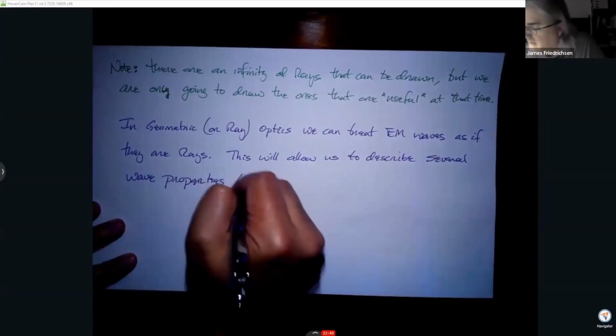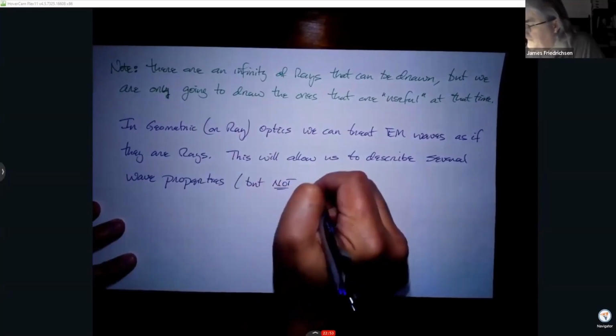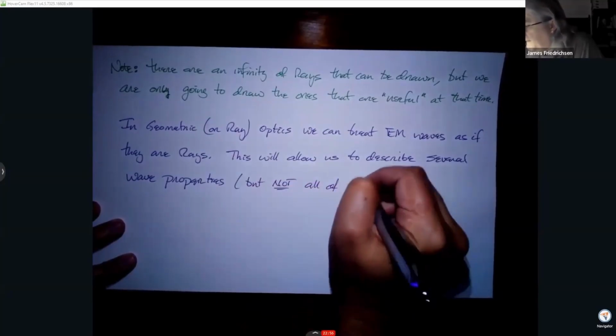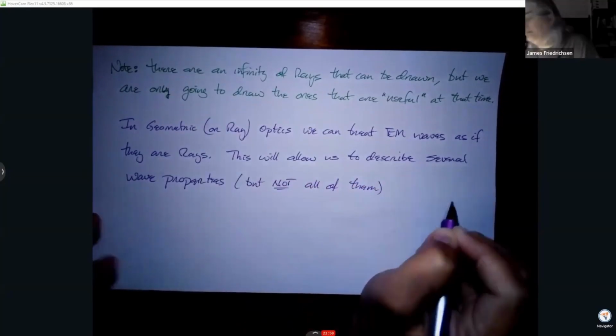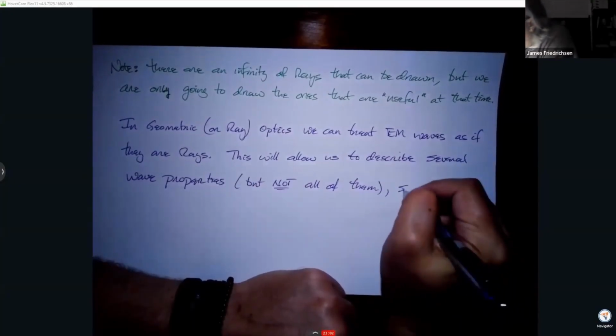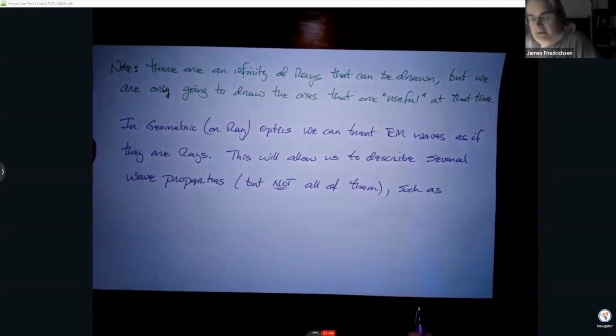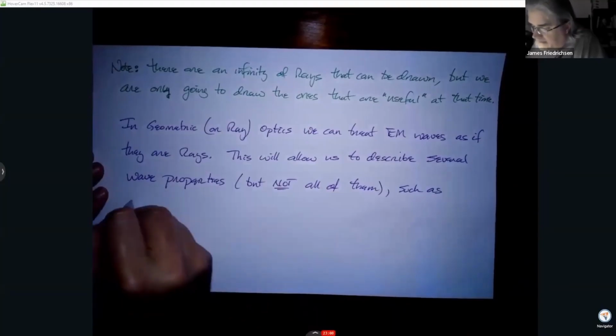Okay. But not all the wave properties. Predominantly, what we can describe in this manner is reflection and refraction.